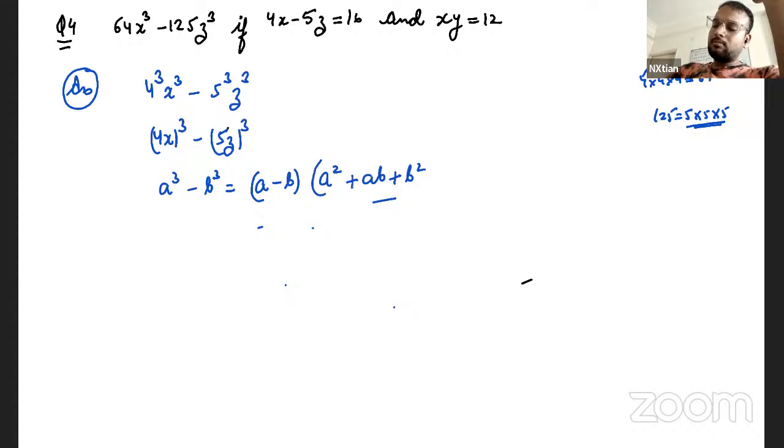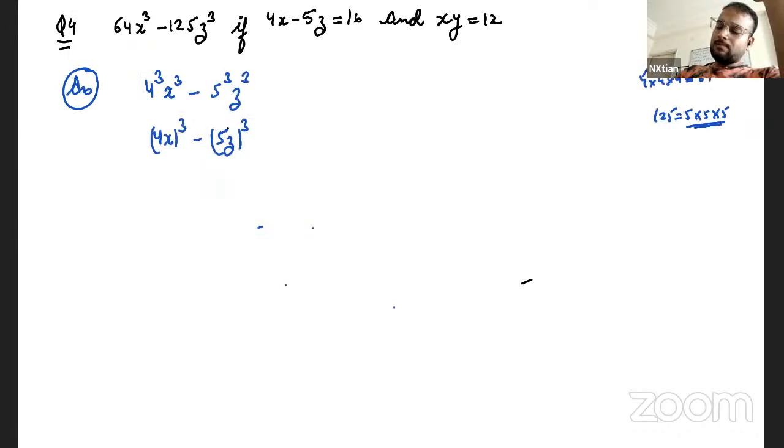But I'll not use this identity because there is no reason. So it is in the form of a cube minus b cube. Now I use this identity.